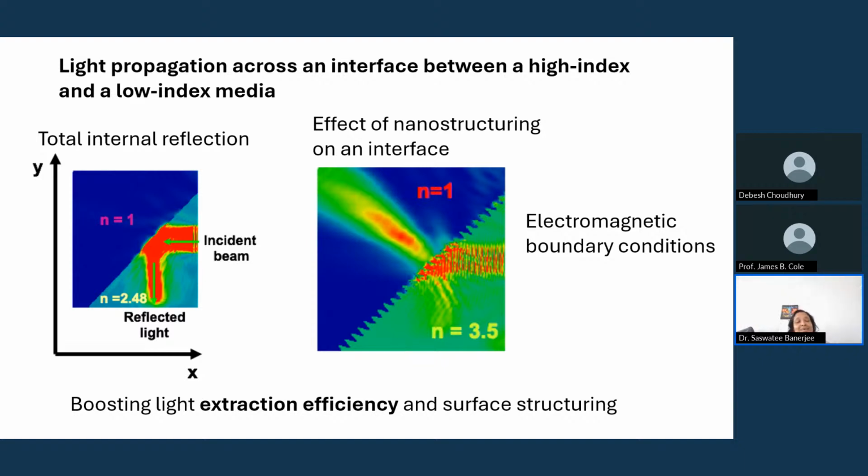And because it is coming at an angle which is more than the critical angle, the light is totally reflected back into the medium. Of course, we do know about total internal reflection, but this is guided by these electromagnetic boundary conditions. The reason these boundary conditions are important: here I did it with FDTD.